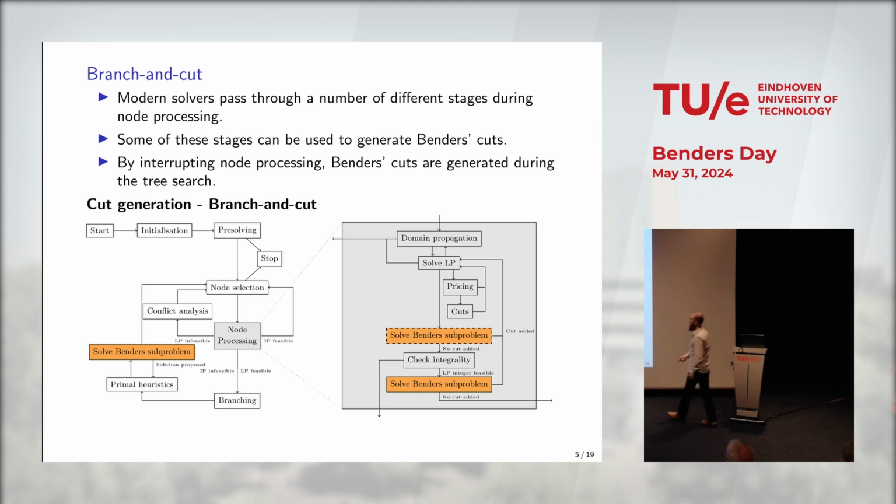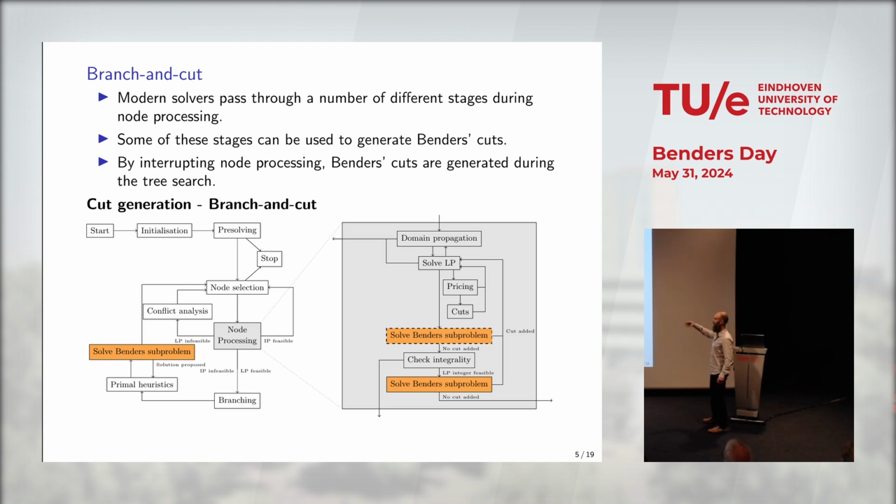There is this extra step here, which I put in dotted lines, whether or not you want to use it. This would be essentially the McDaniel and Devine two-phase method. If in the root node you solve your Benders subproblems at that point, then you're generating Benders cuts from LP solutions. That's just another step that you could use.